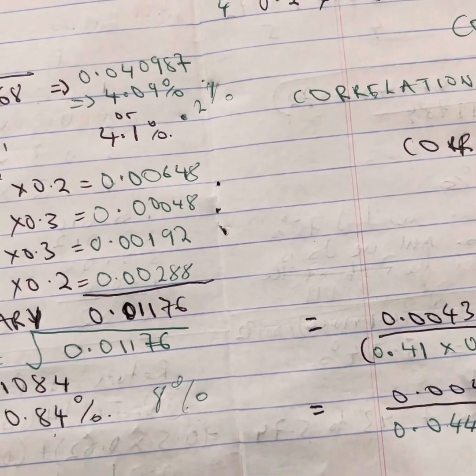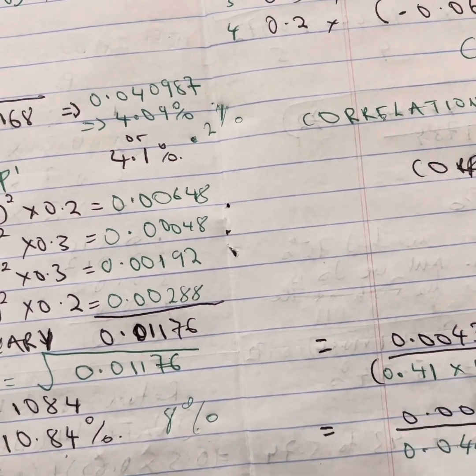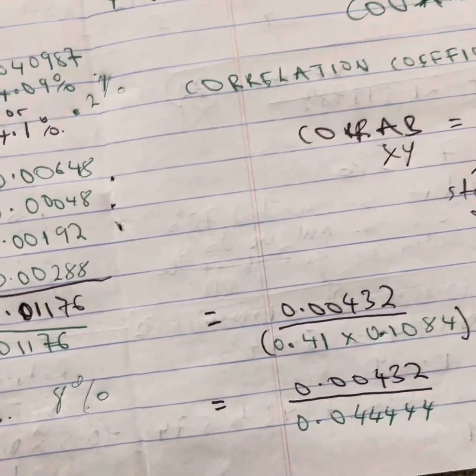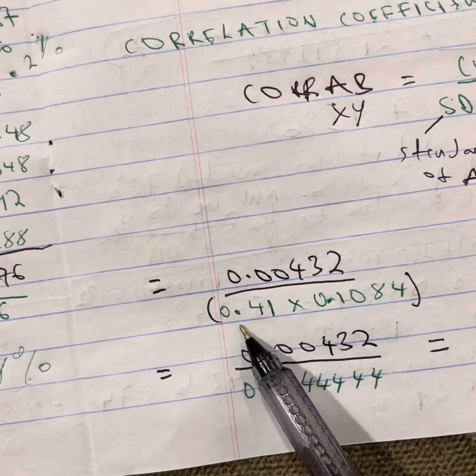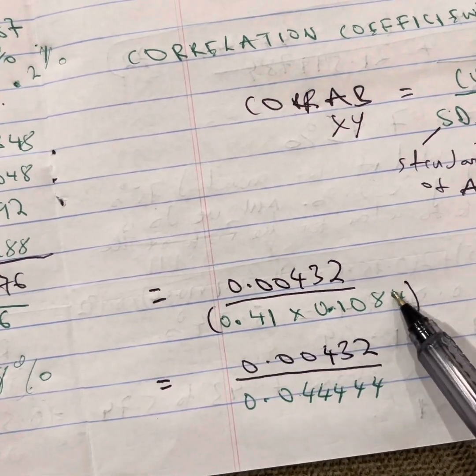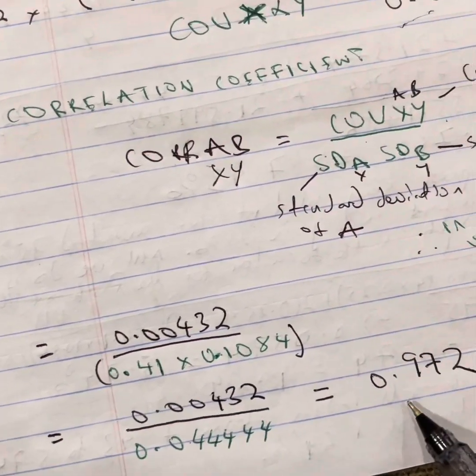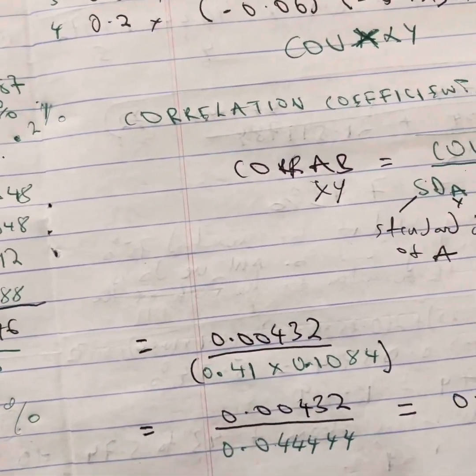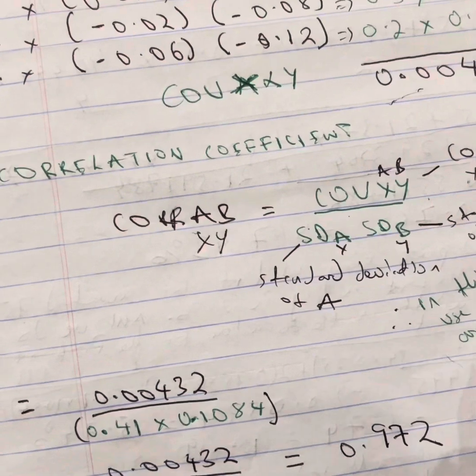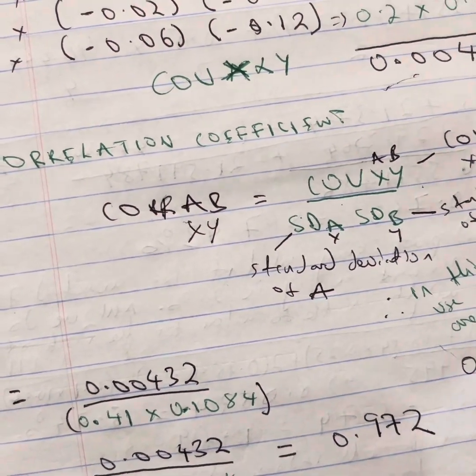You see we have done it here. I first multiplied the standard deviation of X by the standard deviation of Y before I divided. Then you divide, and you get a total figure of 0.972. This, in particular, the correlation coefficient, lies between 0 and 1.